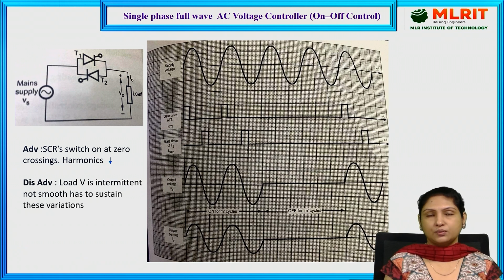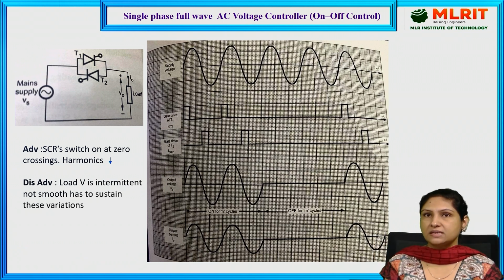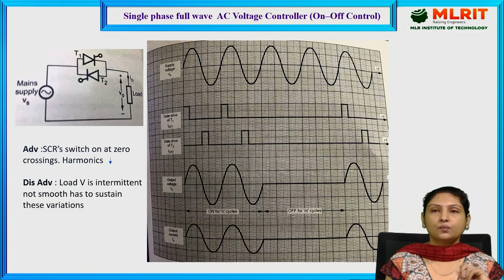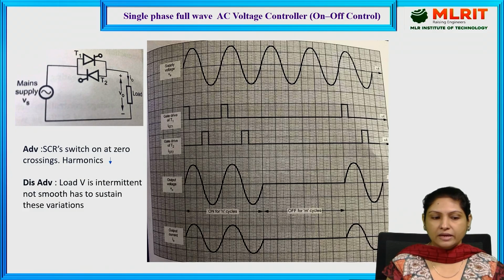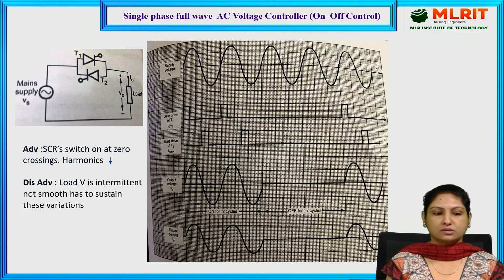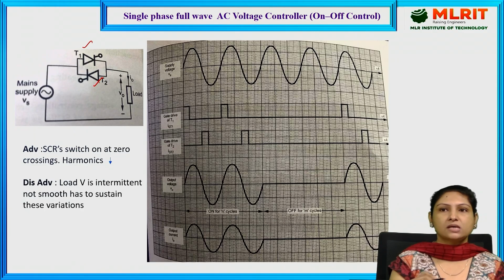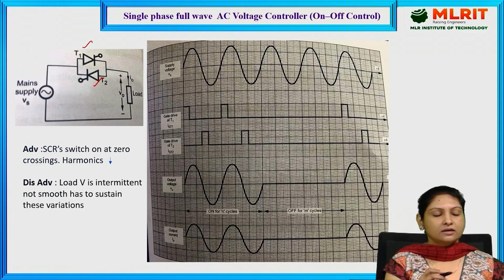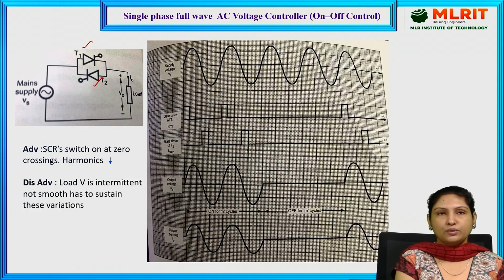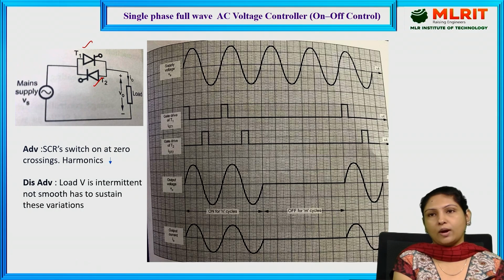Let us first see the single phase full wave AC voltage controller with on-off control. This is a basic AC voltage control circuit which has two SCRs, that is thyristor 1 as well as thyristor 2. The main supply will be fed to the input of these SCRs, and this is connected to the required load.